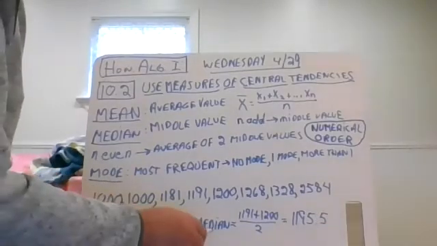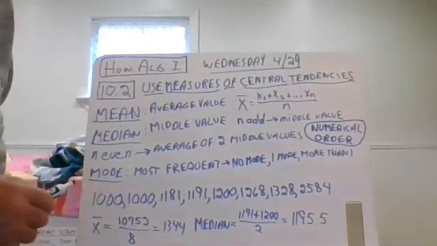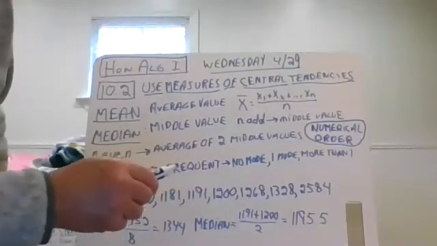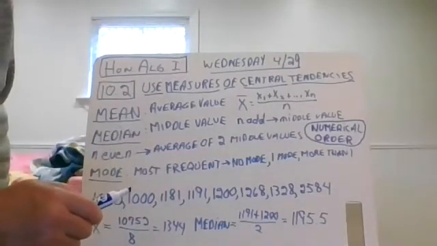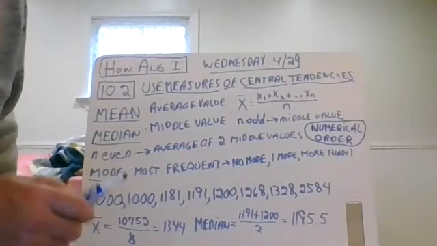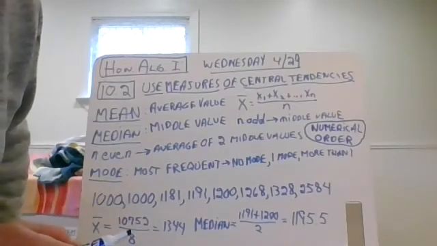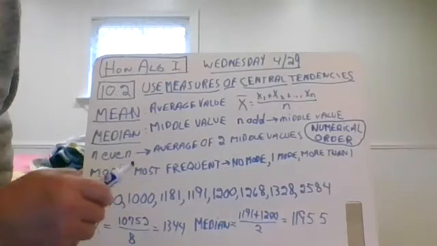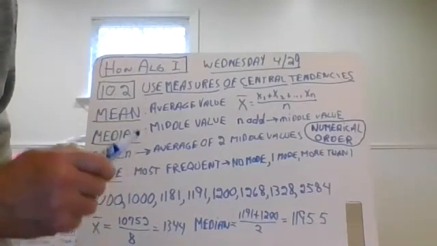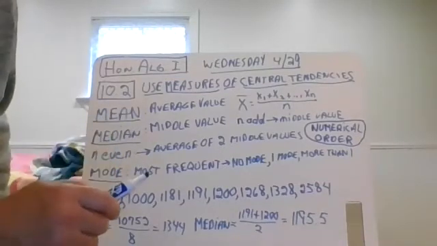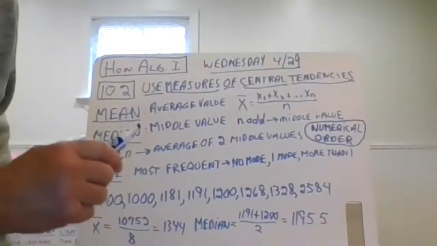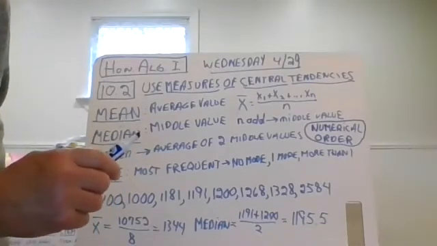And now to compute the median, what do we do? There are 8 values. That's an even number. So which 2 are we going to look at? 1,191 and 1,200. So in other words, the 4th and the 5th, right? If you have 8 values, the 4th and the 5th are the 2 middle ones.